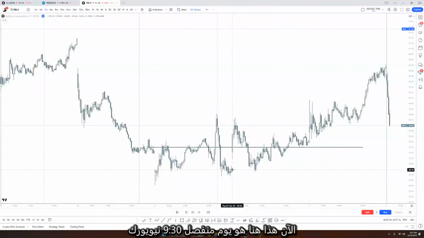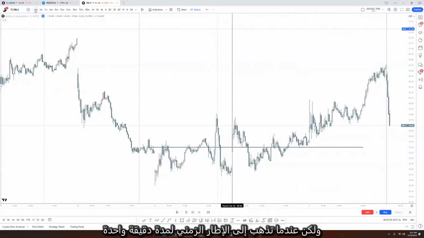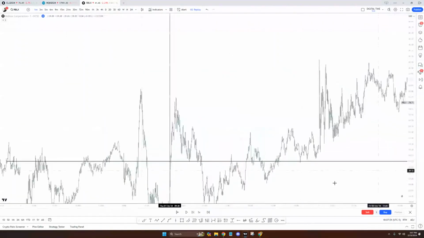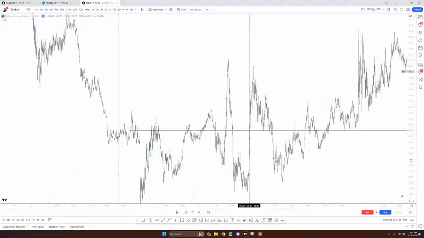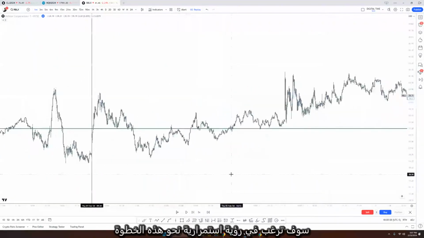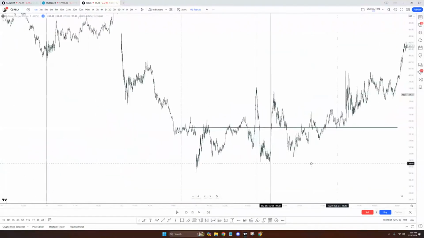Now, this right here is a separate day, 9:30 New York to close. But when you go to the 1 minute time frame for your daily Judas, you're going to want to see continuation towards this move, towards buy side.